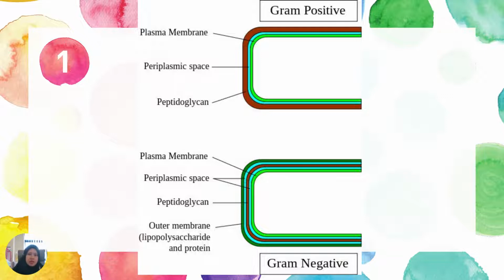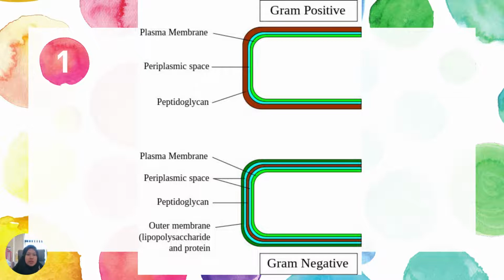We can see here that the gram positive and gram negative both have the peptidoglycan layer, but the thickness is different. Gram positive has a very thick peptidoglycan layer, but gram negative has a thin peptidoglycan layer. So that's one difference. The second difference is the presence of the outer membrane.